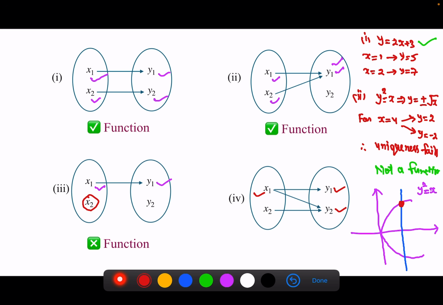Then you see here that for x equal to 4, we have two corresponding values, one is 2, one is minus 2. So from this diagram you can see that x equal to 4 has two corresponding values of y, 2 and minus 2. So this is not a function.